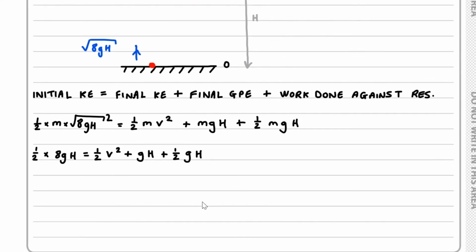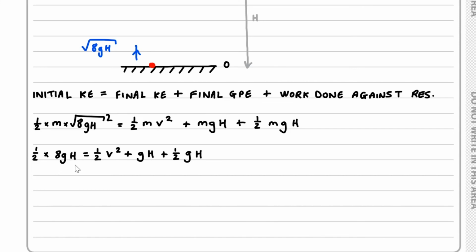So if we tidy all of this up even further, what we can do is subtract this result from the right hand side. So we've got 1 plus 1/2, that's 3/2, and on the left hand side we've got 1/2 times by 8, that's 4.